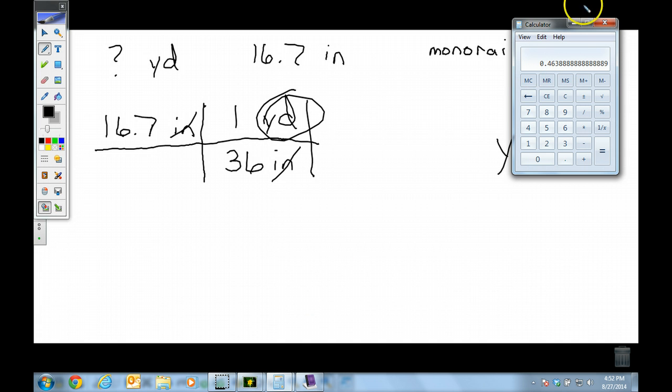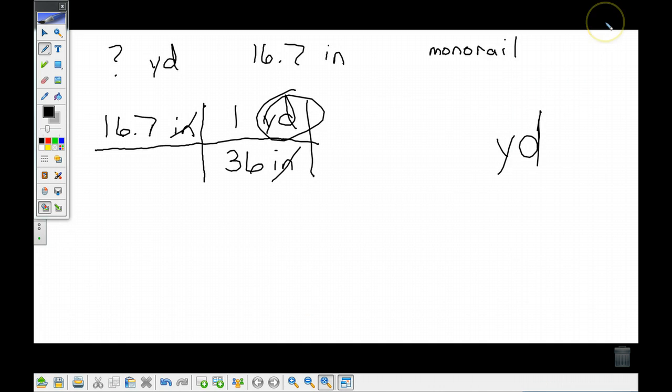The answer is 0.464. 3 sig figs. Don't worry about sig figs here because they don't really matter. It's not a measurement, it's a conversion. We take our sig figs out of our measurement and put it in our answer.